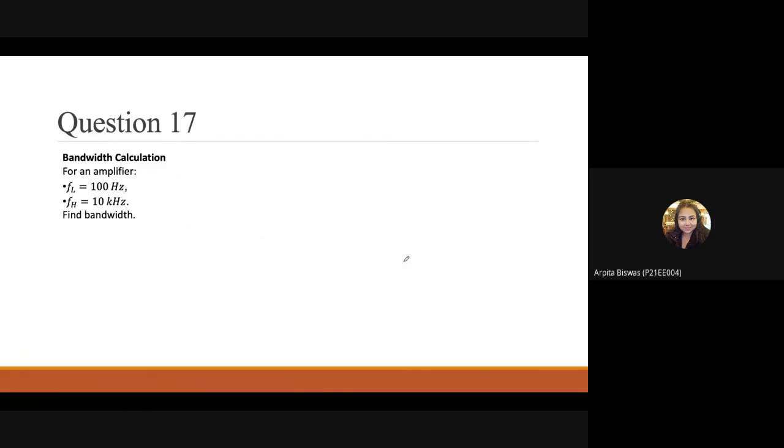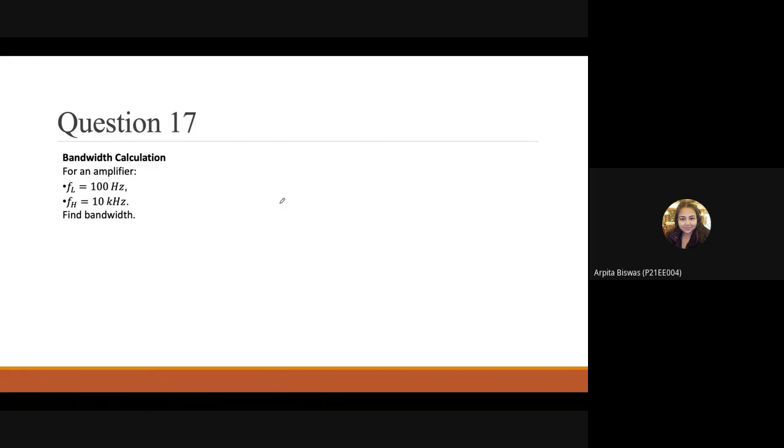So this is question 17, bandwidth. For an amplifier, FL and FH are given. So tell me how to find out the bandwidth. FH minus FL. Yes.